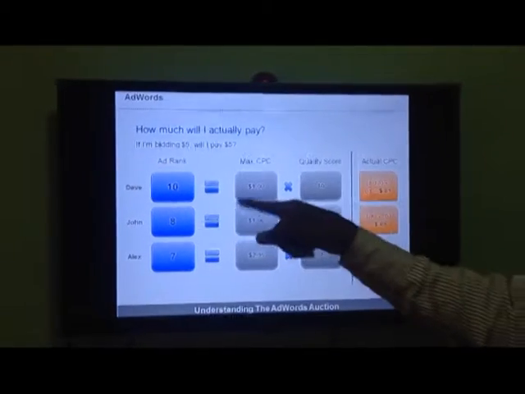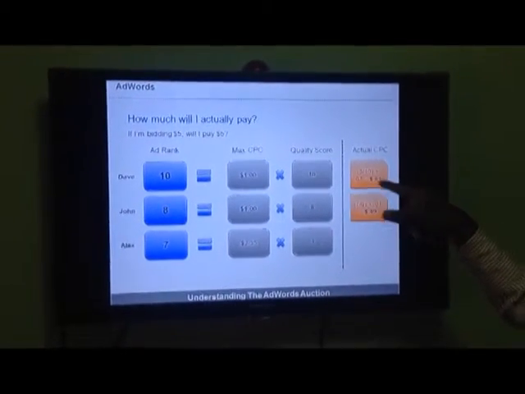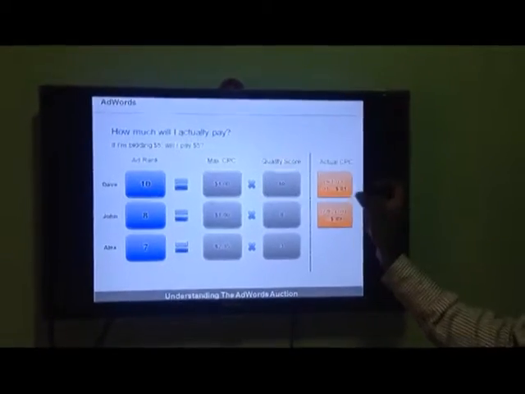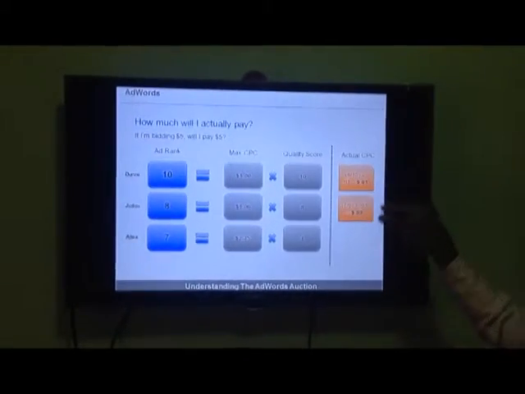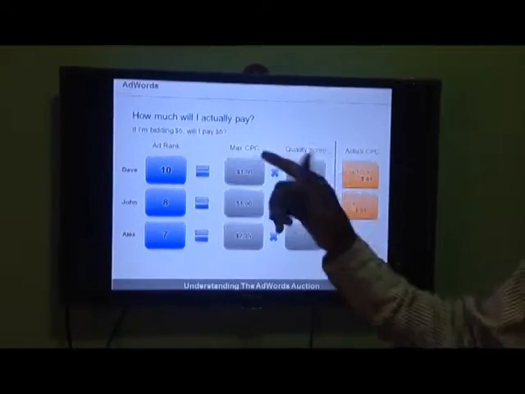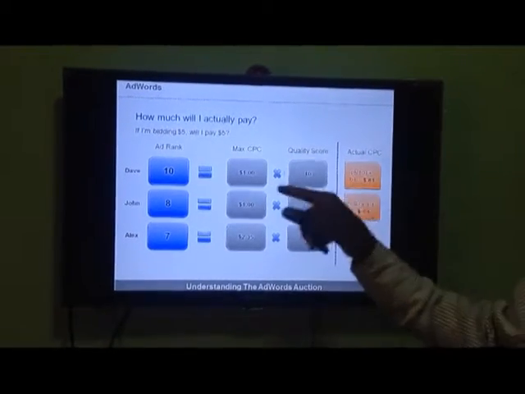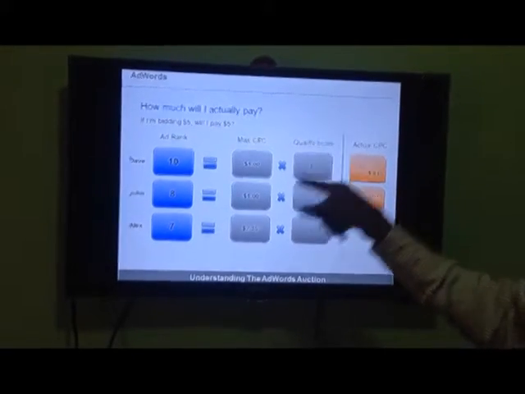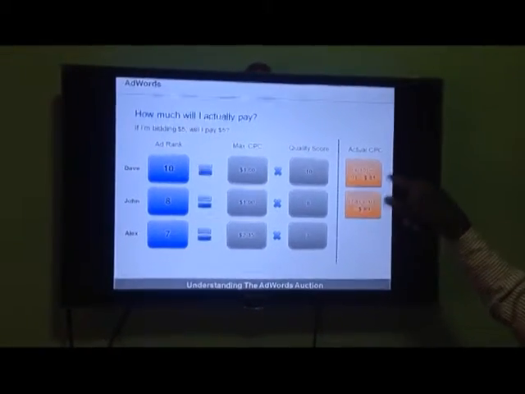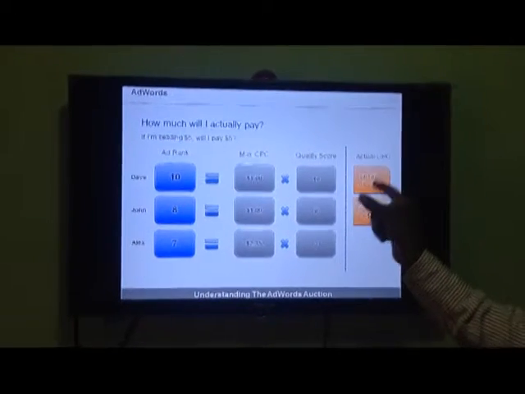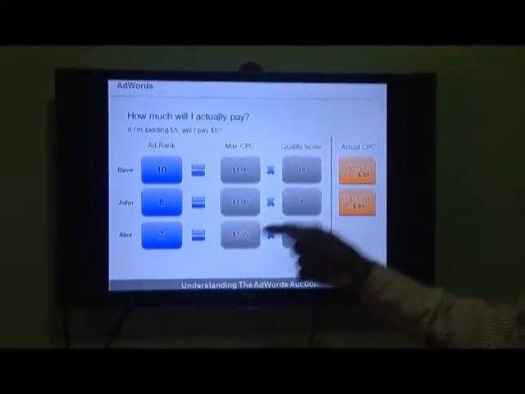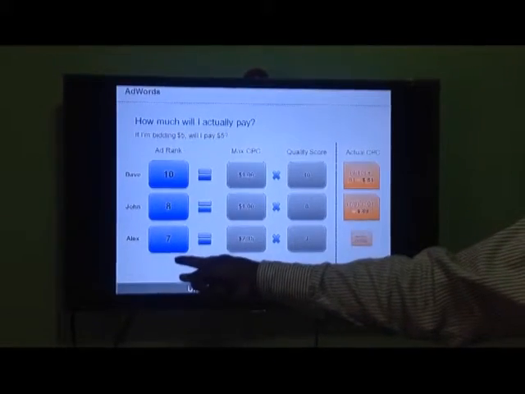John has an ad rank of 8 over Dave's quality score of 10, plus 0.01. So in doing the computation, you get 0.81. So that's what Dave will be charged. Though Dave is asking Google to charge him $1, Google will actually charge him $0.81.